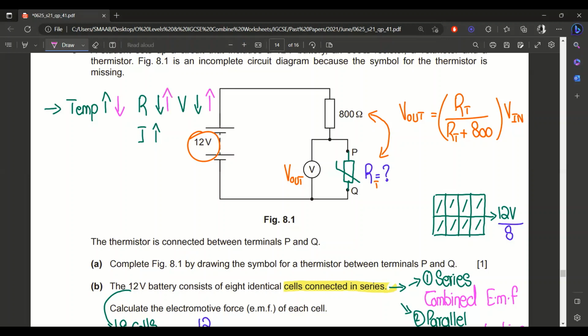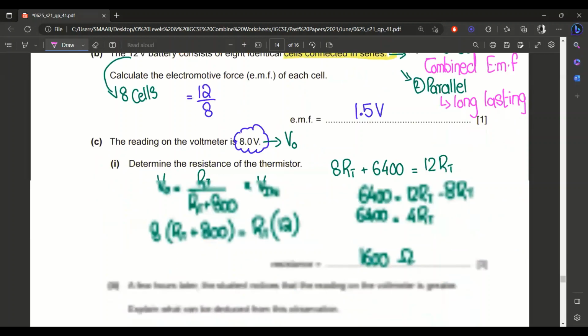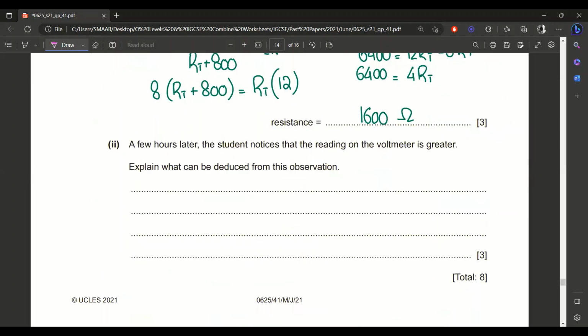So the first factor is that it might be possible that the temperature of the thermistor will decrease.